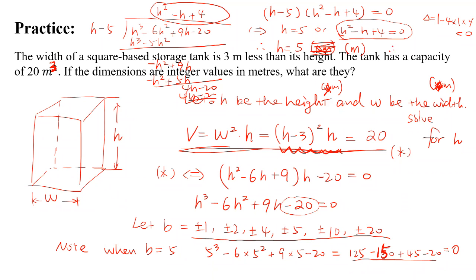Okay, then the width is 3 meters less, so the width is 2 meters, right? So the dimensions are height equals 5 meters and width equals 2 meters, right?